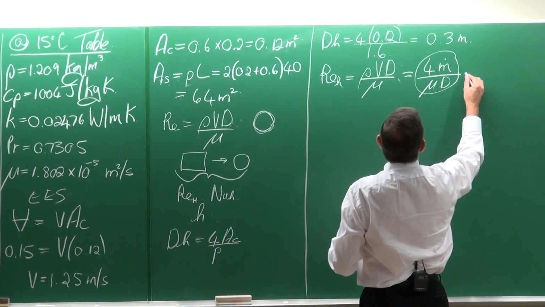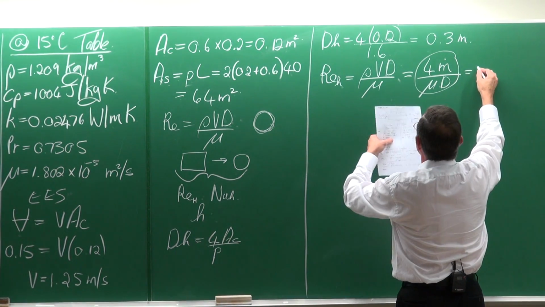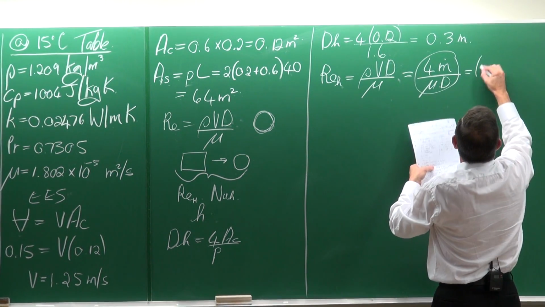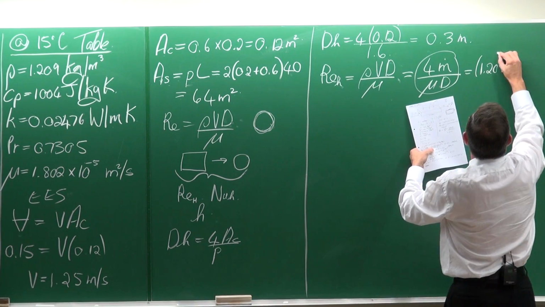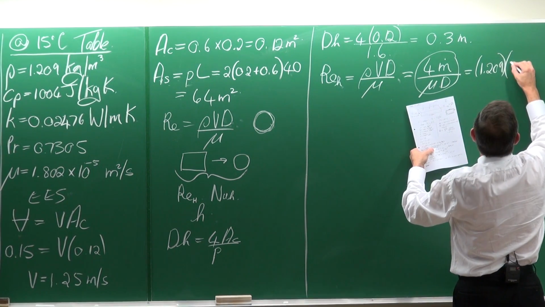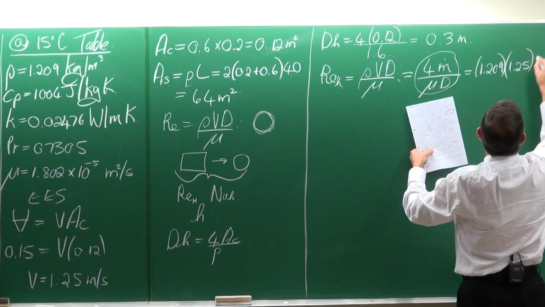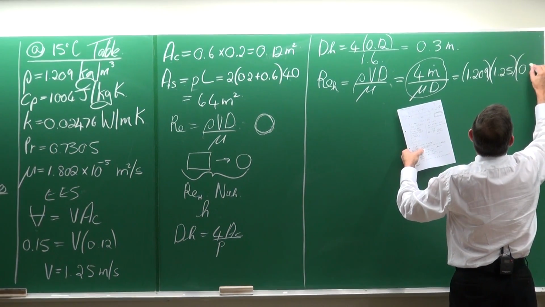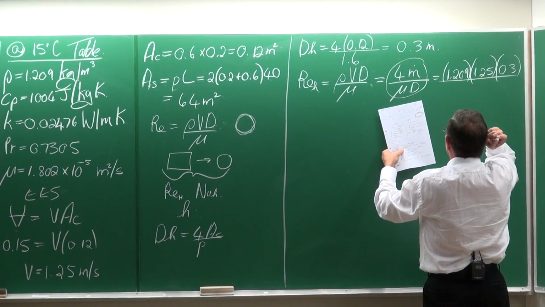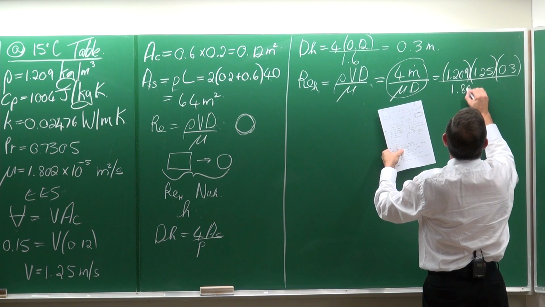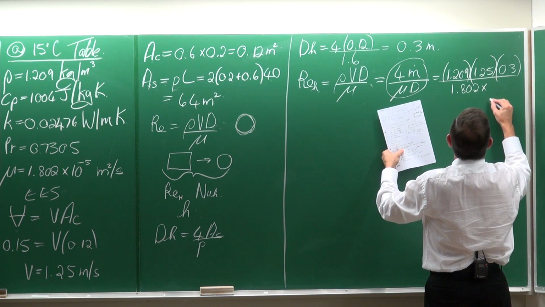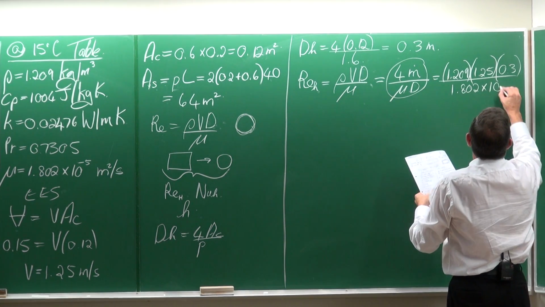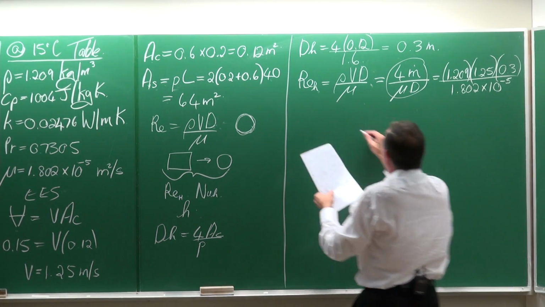So if we go and calculate it, it is equal to the density, which is equal to 1.209, multiplied by the velocity, which is equal to 1.25. The hydraulic diameter is 0.3, divided by the viscosity, which is equal to 1.802 multiplied by 10 to the minus 5.